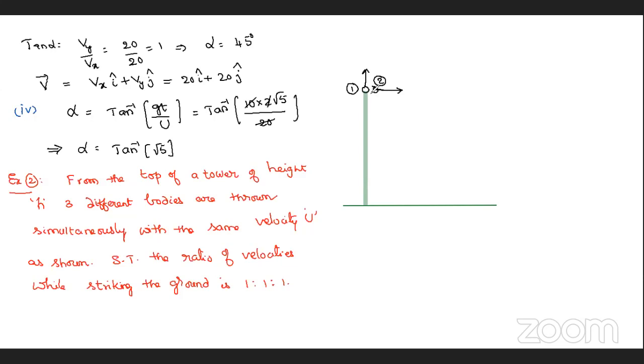And body three is projected downwards. So three bodies, one upwards, two horizontally, three downwards with the same velocities simultaneously at the same time. There is no time gap.